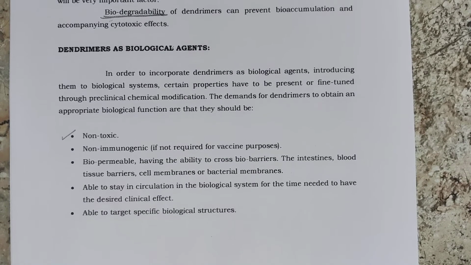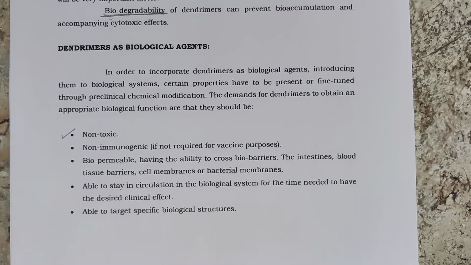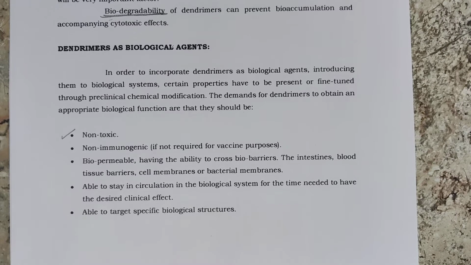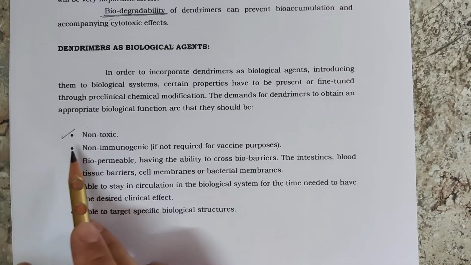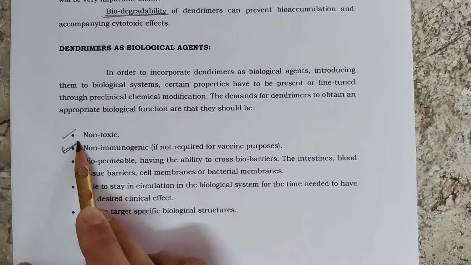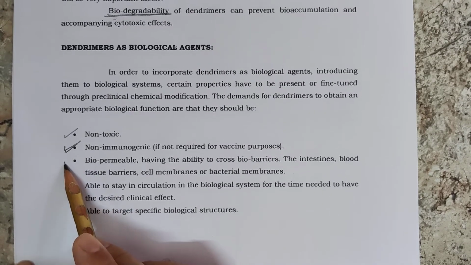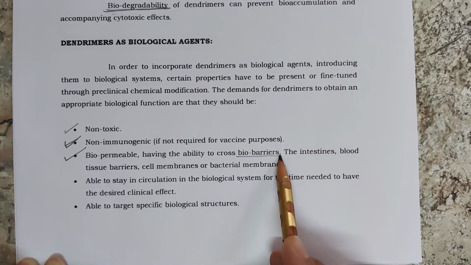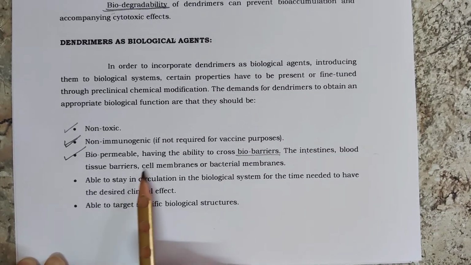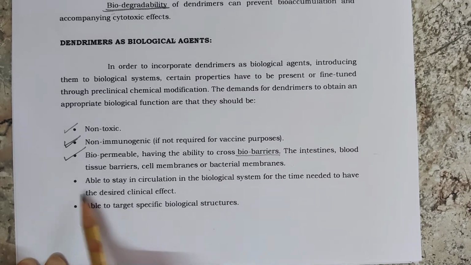Let's say if we are using dendrimers in order to prepare some vaccine, then the minimum criteria that the dendrimers should fulfill are: they should be non-toxic, non-immunogenic, meaning they should not affect your immune system in a negative way, and biopermeable, meaning they should cross biobarriers like your intestine, blood tissue barriers, cell membranes, or bacterial membranes.